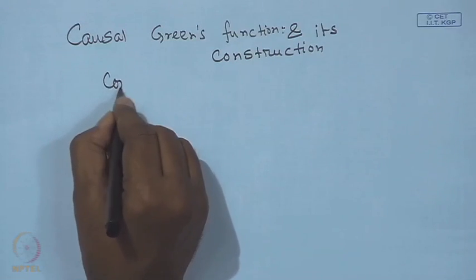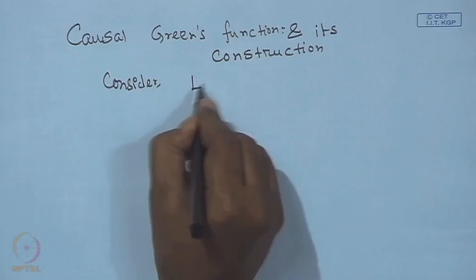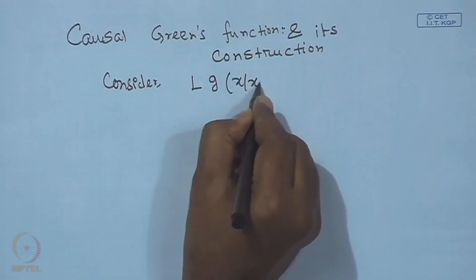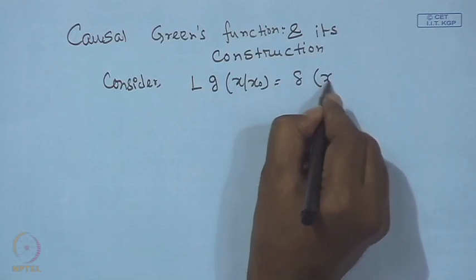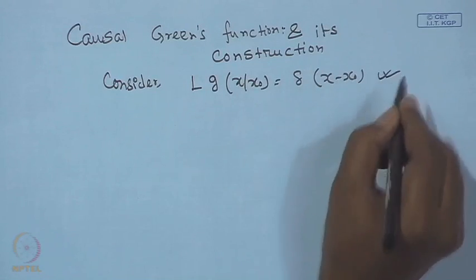Consider L g(x|x0) equal to delta(x minus x0). Consider this. So, how will we get this?